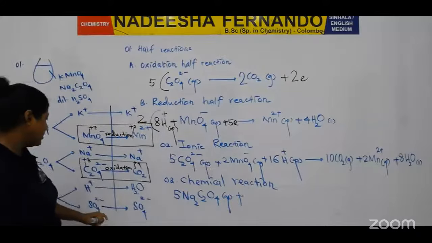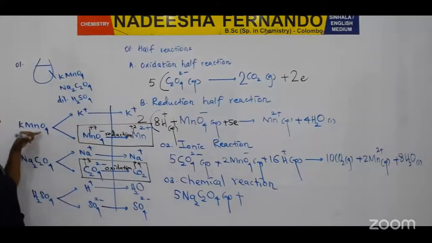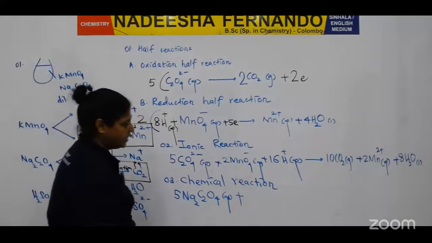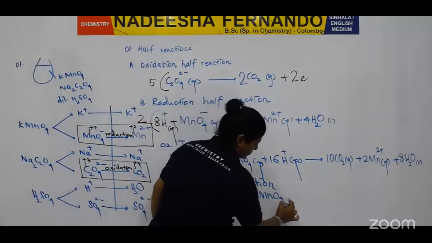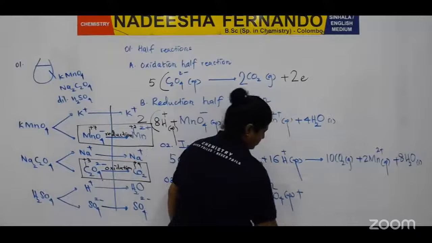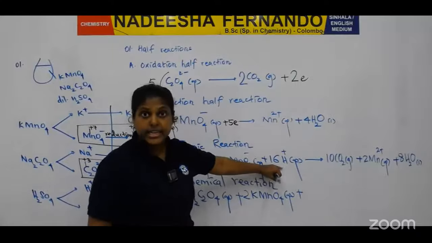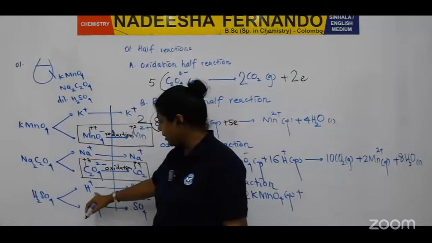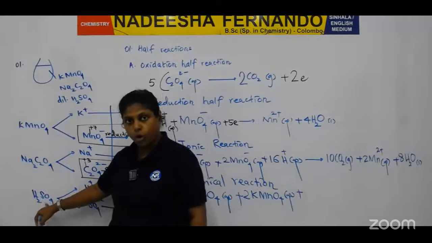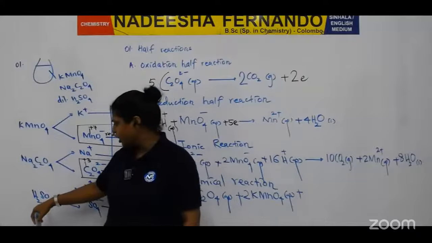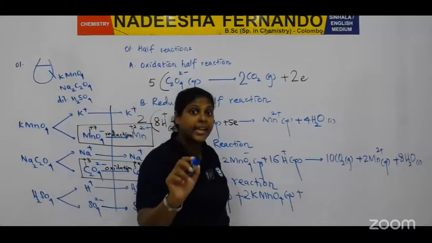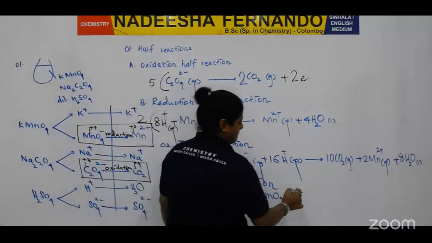MnO4 minus is given by KMnO4. Write 2 KMnO4. For 16 H pluses, H plus is given by H2SO4. To get the 16 H pluses, we need to add only 8 H2SO4.